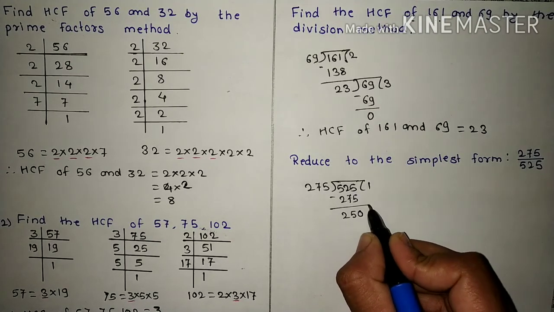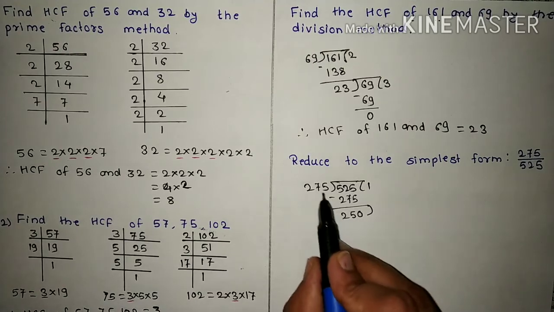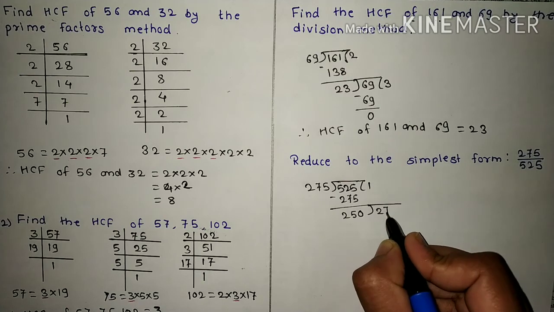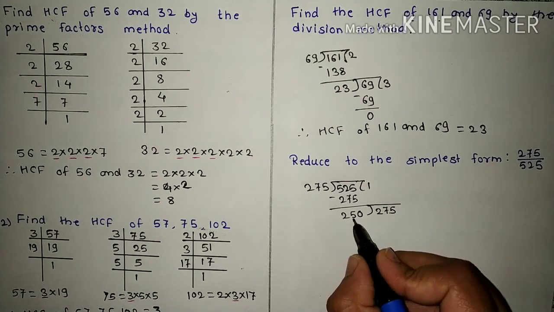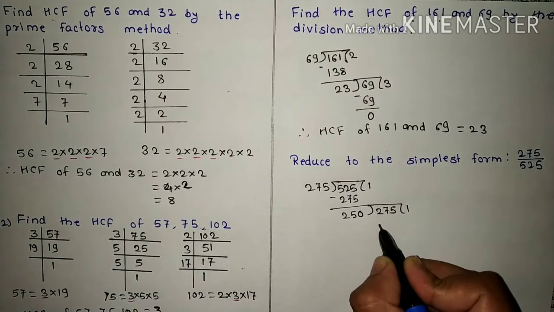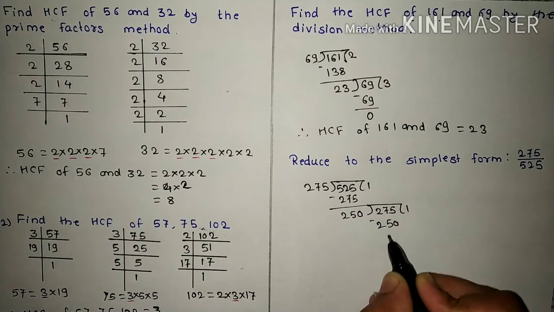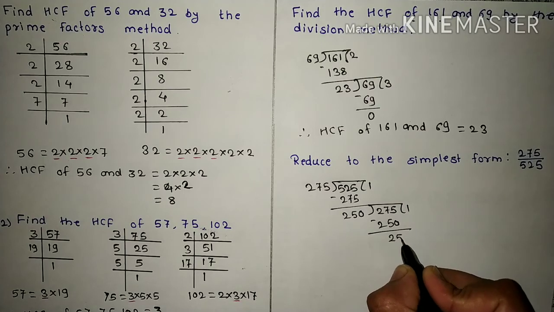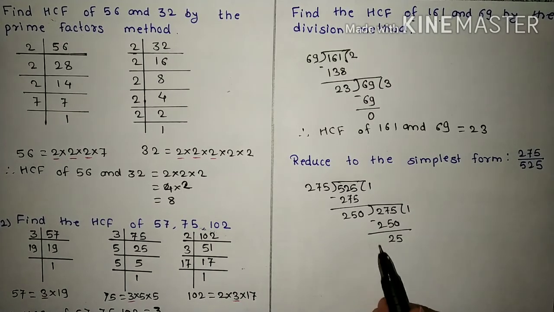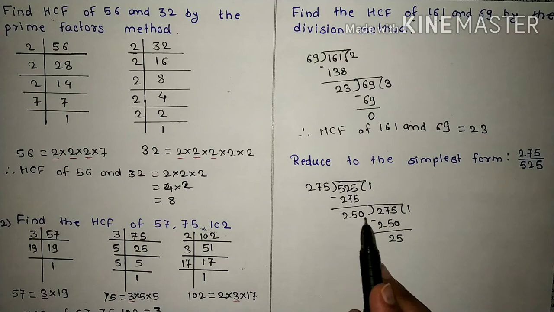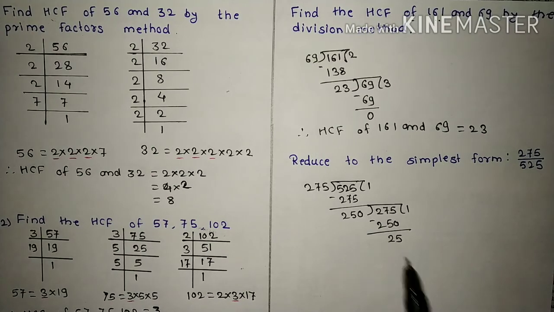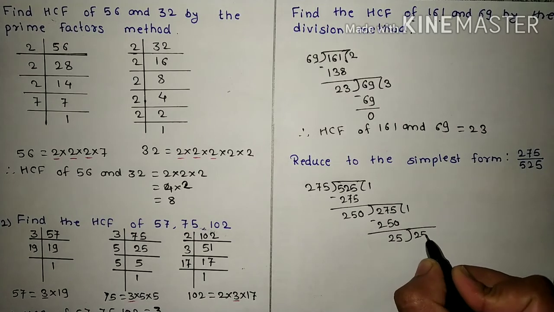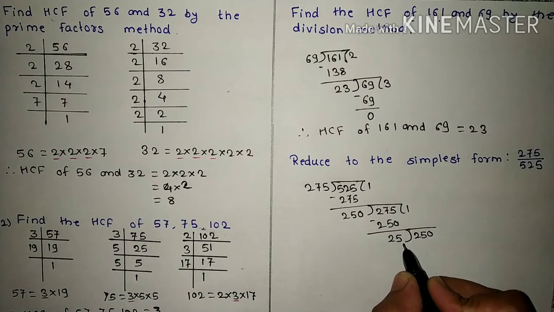Now we divide the divisor by the remainder. So we divide 275 by 250. Quotient 1, 250. After subtraction we get 25. Now we divide this divisor by the remainder. Therefore, divide 250 by 25.